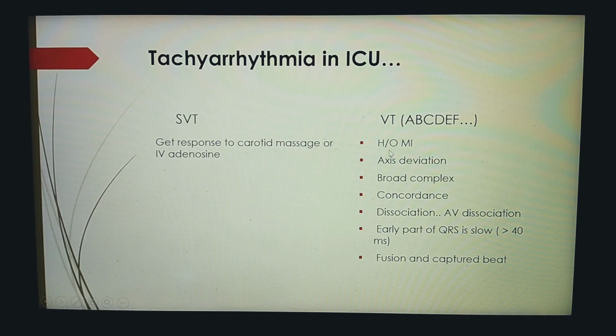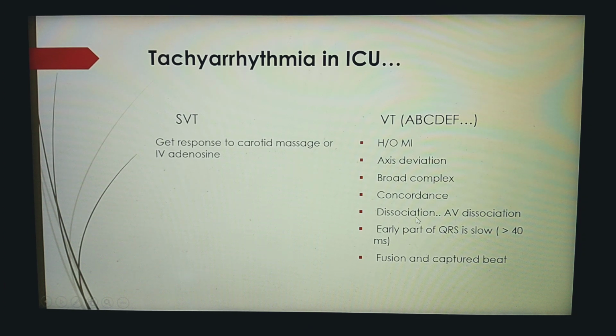Sometimes there may be a history of myocardial infarction and structural heart disease. Supraventricular tachycardia usually doesn't have any structural heart disease, but ventricular tachycardia usually has structural heart disease, recent MI, or old ischemic heart disease. In ventricular tachycardia there may be axis deviation, broad complex QRS, and concordance, which may be positive or negative.